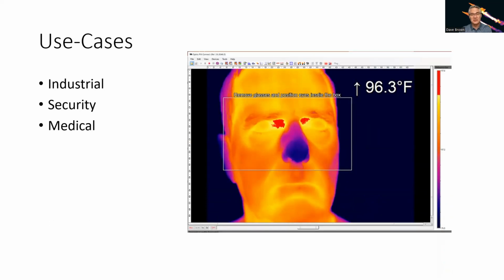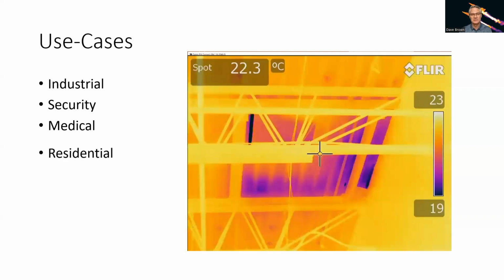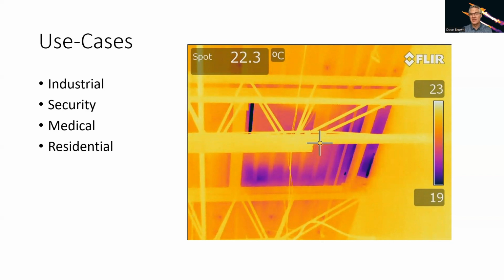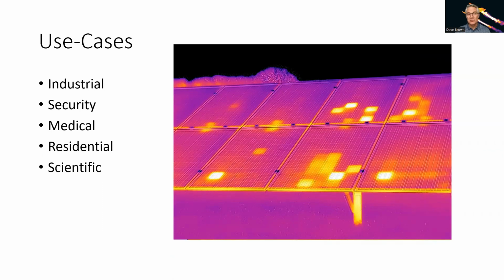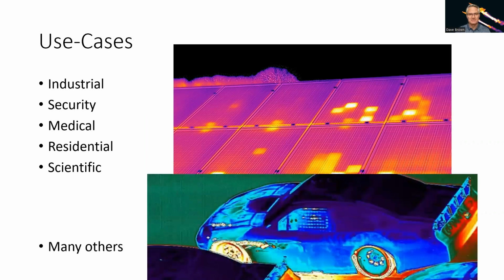You may have spotted those infrared cameras at the airport looking for facial heat and looking for elevated temperatures that might indicate presence of a fever in a crowd. Infrared thermography is a great way to spot missing insulation or HVAC problems, making it a great residential tool. And of course, infrared thermography is used in research and development and many other applications.